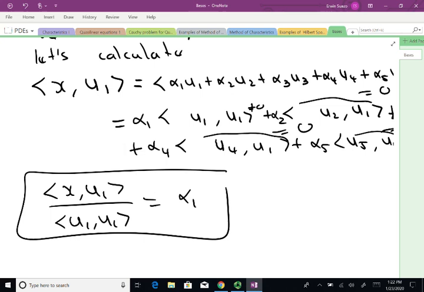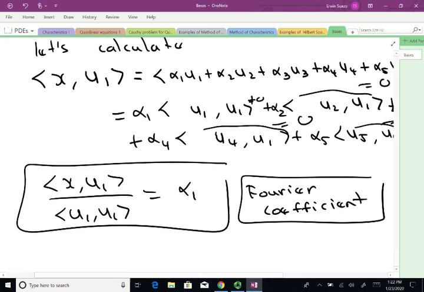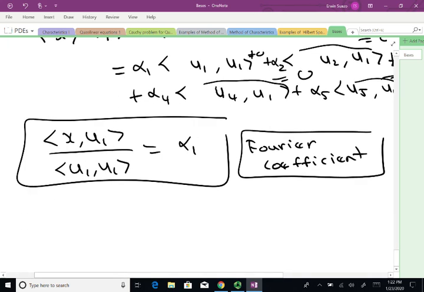This is the Fourier coefficient of your basis. So what I'm telling you is that I should be able to give you a function, and you should be able to express that function as a sum of cosines.